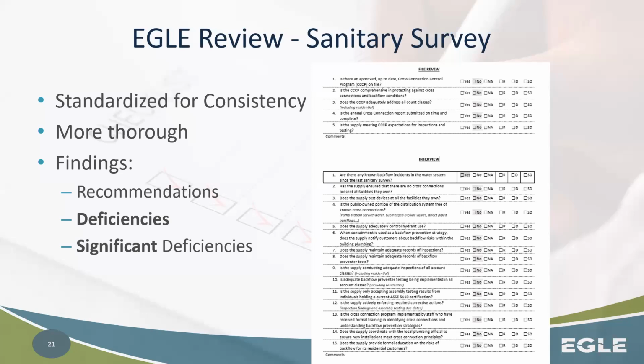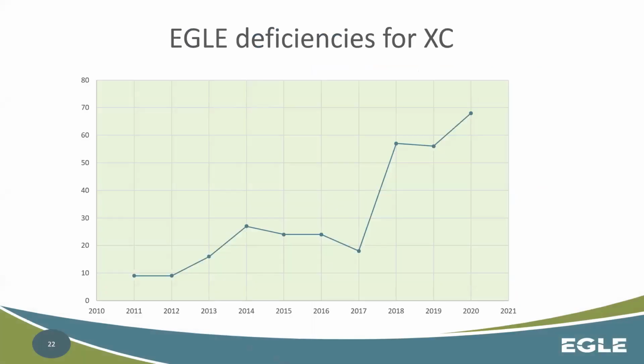Depending on the answers we get, we might cite recommendations, deficiencies, or significant deficiencies. And what we've seen happen is we did have a jump. It was partway through 2018 where we first started rolling out some of these checklists, a jump in the number of citations we had regarding cross connections.